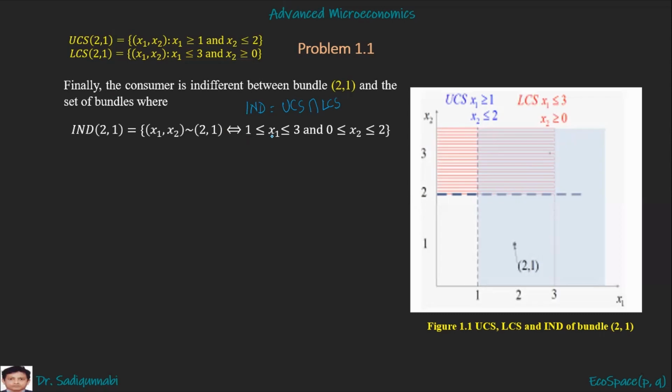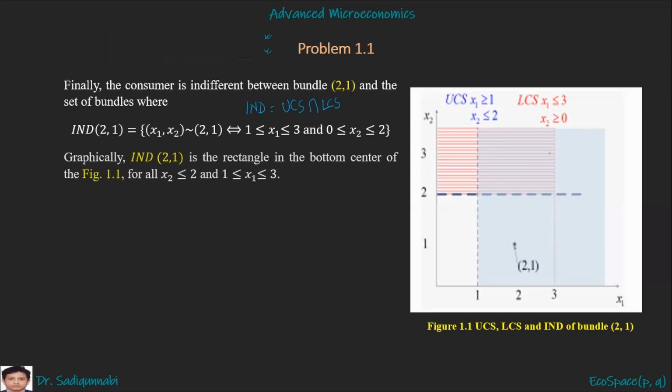Similarly, the range for x2 is x2 less than or equal to 2 but greater than or equal to 0. We can see it graphically as the rectangle in the bottom center of figure 1.1, which is the common area between the upper contour set and the lower contour set.